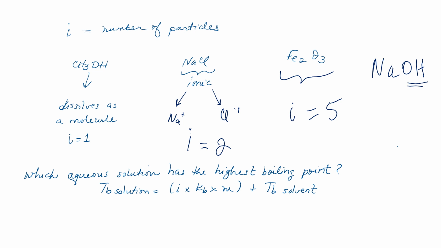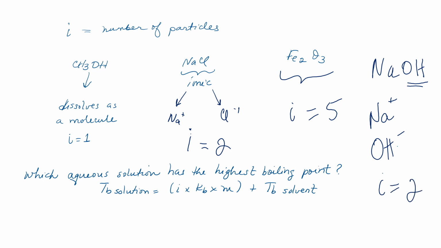Okay? The bond that you have between the oxygen and the hydrogen is covalent, so you cannot break that bond apart. When this one breaks apart in solution, it's going to give you the ion of sodium and the ion of hydroxide, and the numerical value of i is equal to 2.